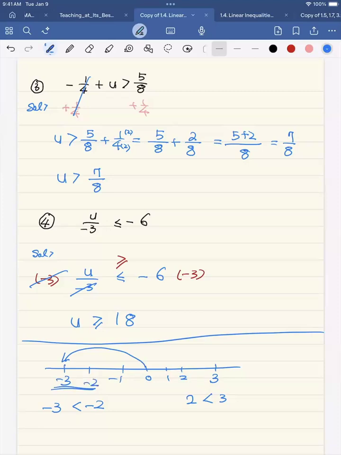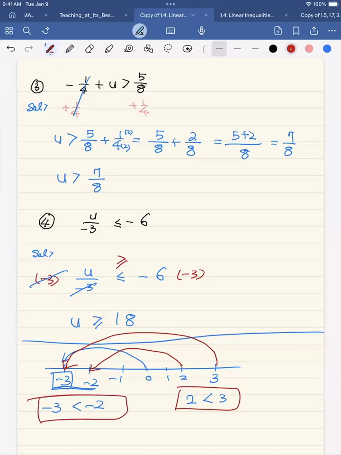When a number is on the left side, it is a smaller number in the number line. So when we multiply by -1, 2 becomes -2, and 3 becomes -3. So when that is positive, 2 is less than 3, but when that is negative, -3 is less than -2.